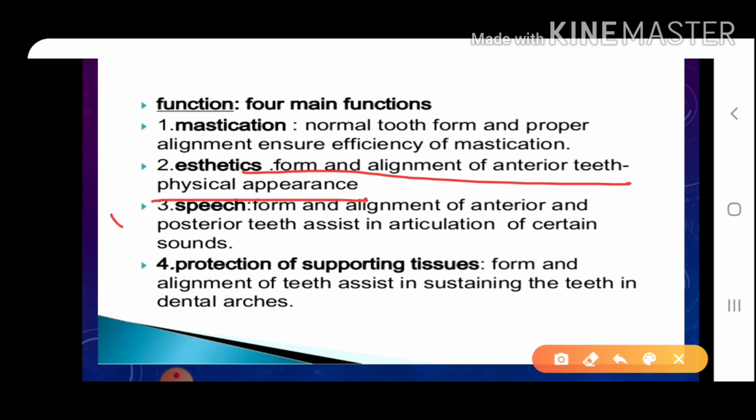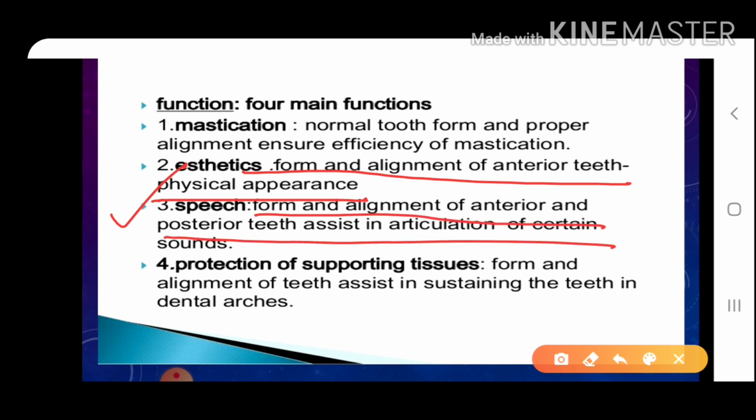Then another role is speech. Now this is very important. If you see old people who lose their teeth, or a young person who has not yet developed all the teeth, you would see that whenever they speak, their speech is slurred. You won't be able to understand it as clearly as when an adult is speaking. Therefore, teeth play a very important role in speech.